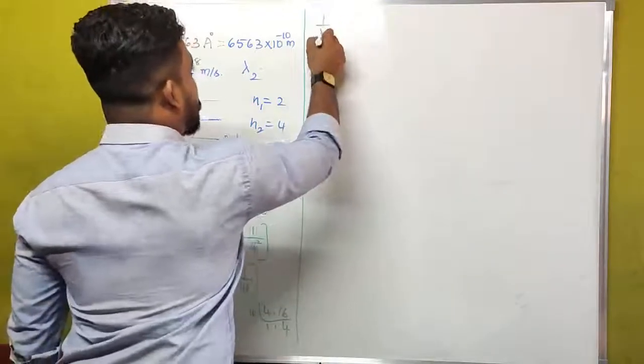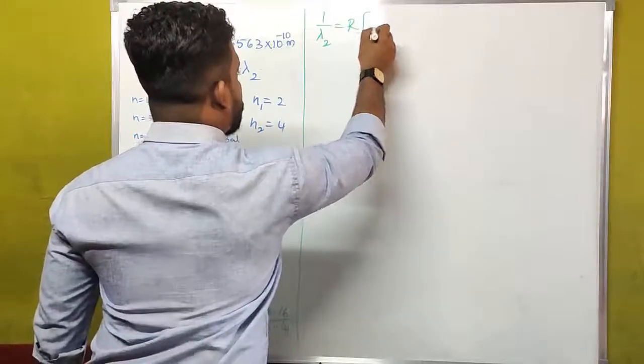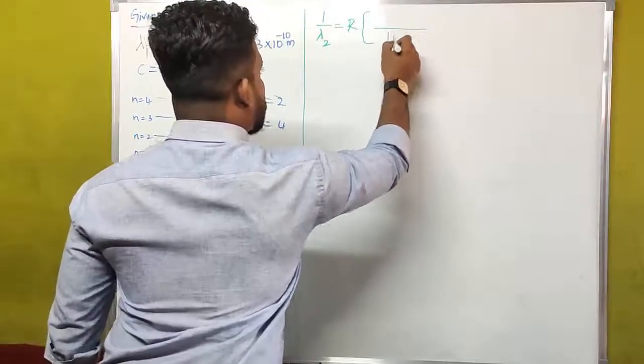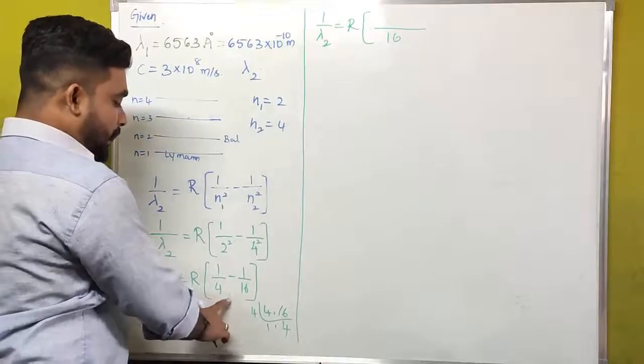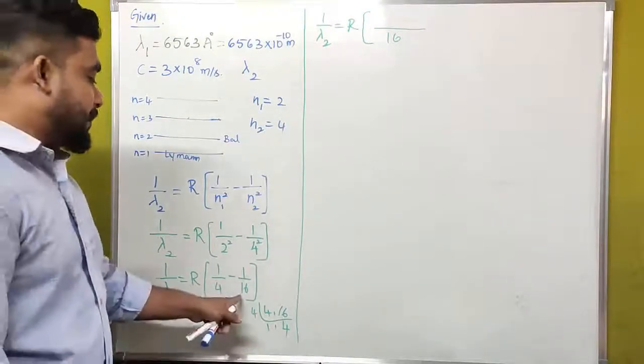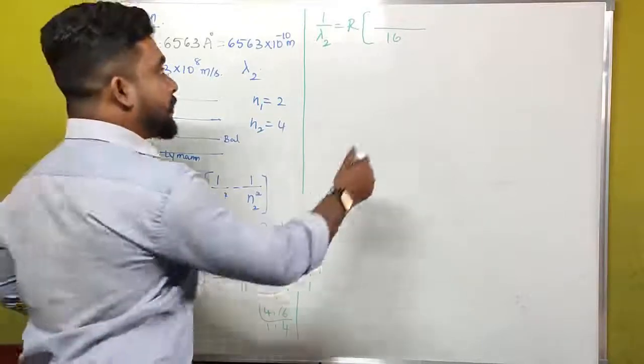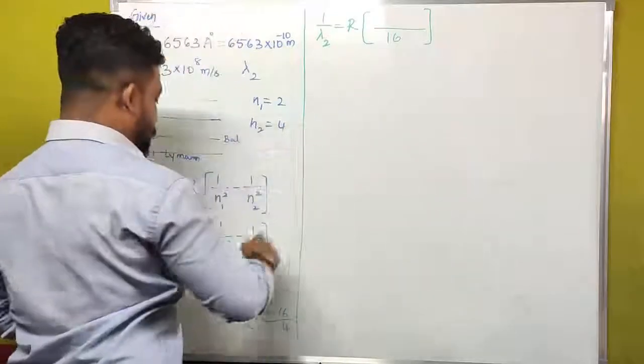Then 1 divided by lambda 2 is equal to R into, 16 is the actual LCM, because 4 and 16 are multiples of the same number. Then we have to consider the greatest number out of these two as the LCM. That is 16 is our LCM.